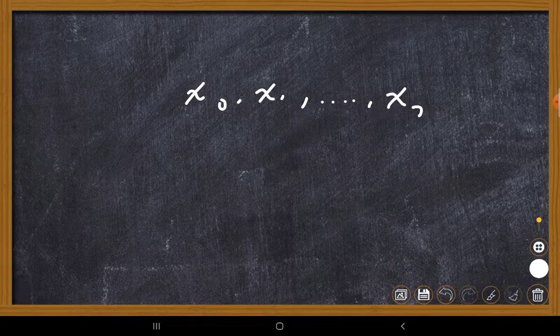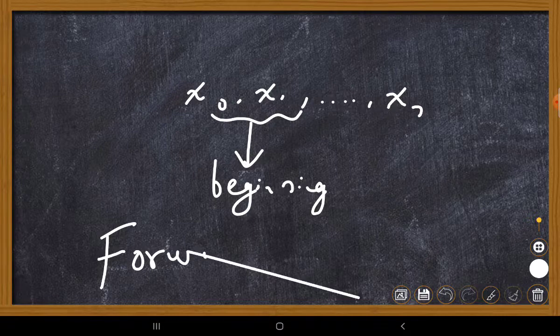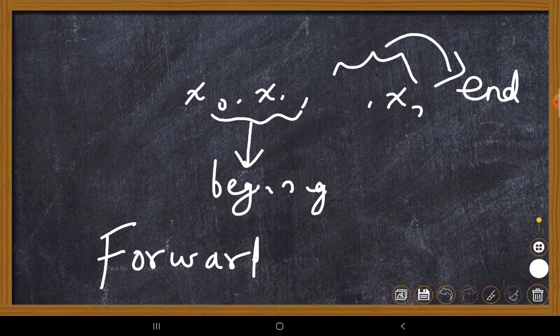If your missing value lies in this beginning part of the series, then you use forward interpolation. But if your missing value lies towards the end of the series, then you use backward interpolation.